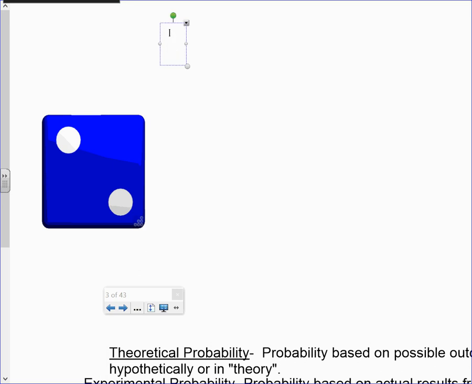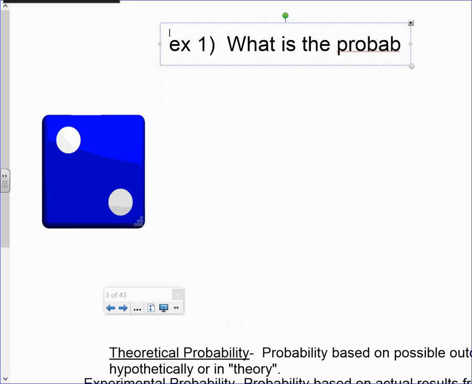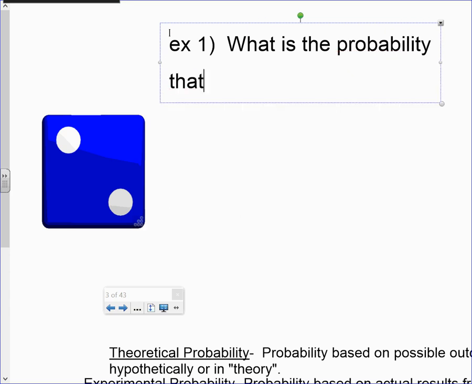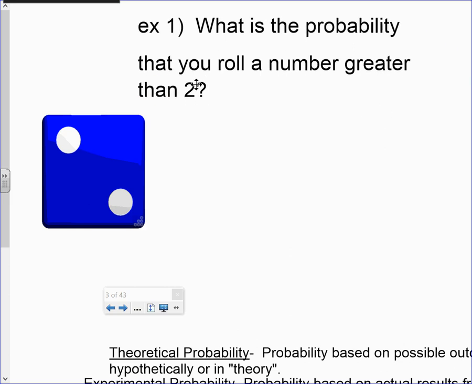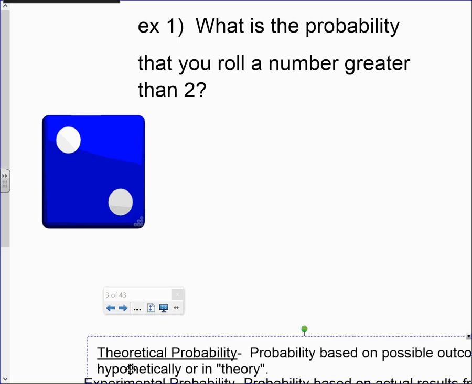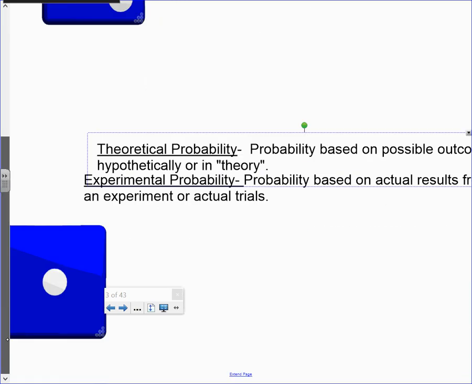Example 1. What is the probability that you roll a number greater than 2?